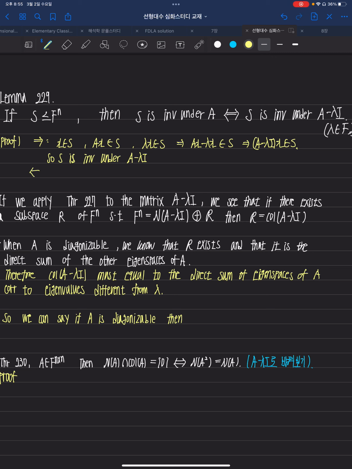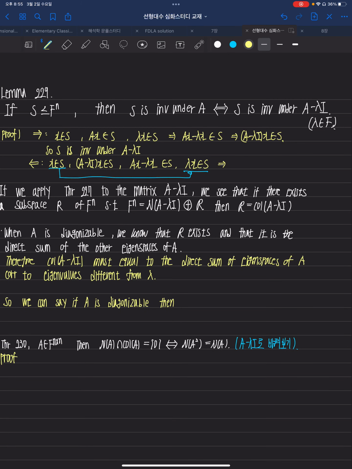Next direction. If x is in S and (A minus lambda I)x is in S, so Ax minus lambda x is in S, and lambda x is in S. Why is this okay?